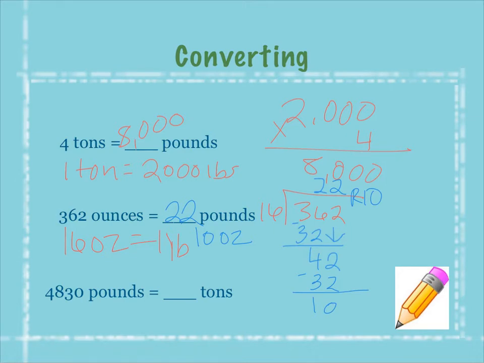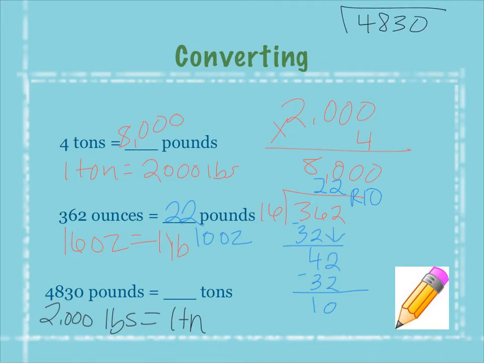Keep in mind you are going from a smaller to a bigger, so you will need to divide. Alright, so I have figured out that 2,000 pounds equals 1 ton. So 4,830 divided by 2,000.